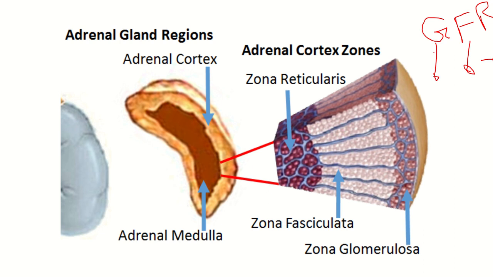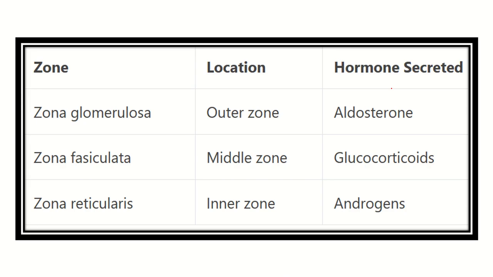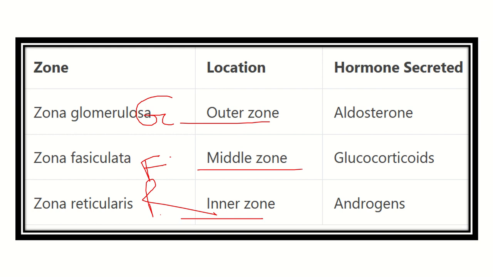So zona glomerulosa, zona fasciculata, and zona reticularis from outside to inside are the different parts of the adrenal cortex. Glomerulosa is the most outer part, reticularis the inner part, and the middle part is zona fasciculata.